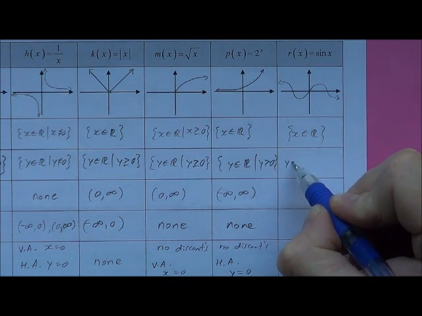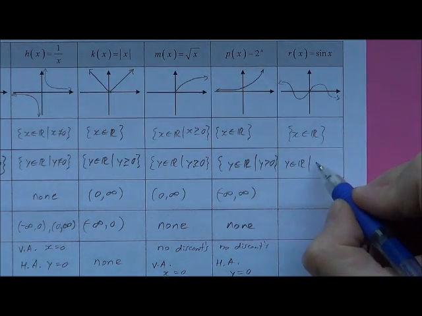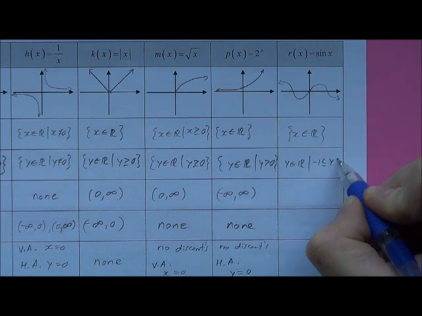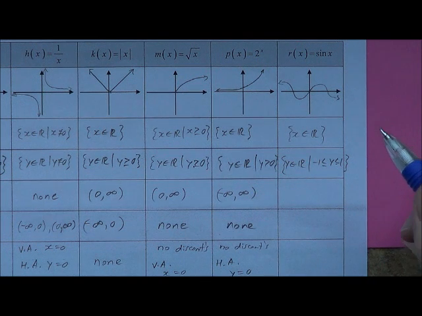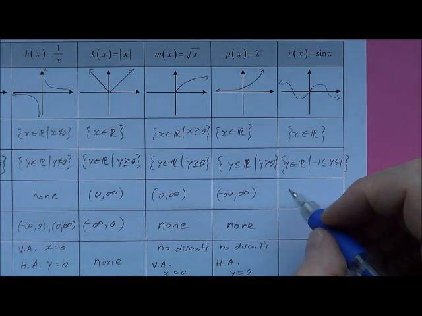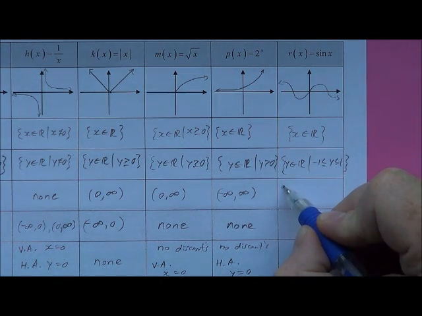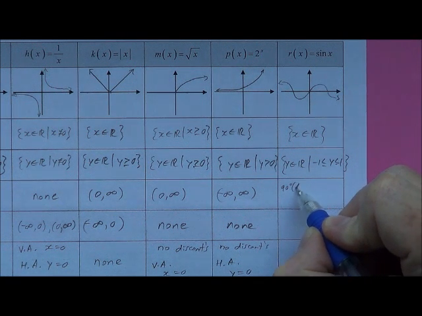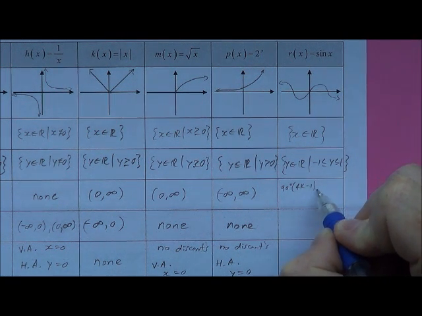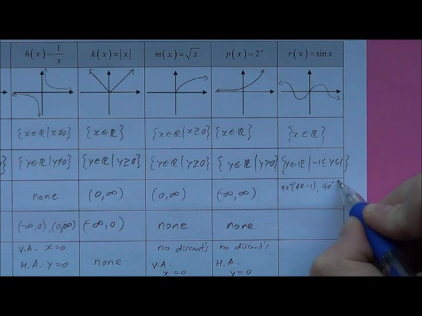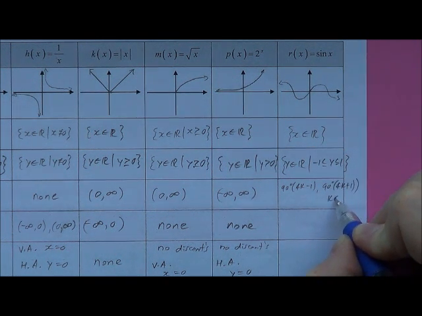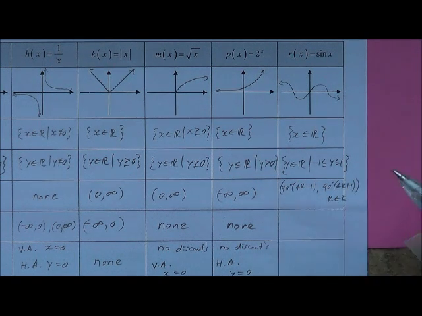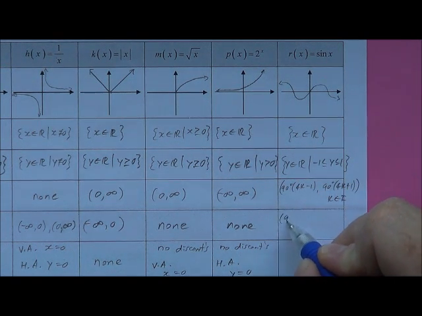The range, y is an element of all real numbers such that negative 1 is less than or equal to y, less than or equal to 1. Intervals of increase, we'd say 90 degrees times 4k minus 1 to 90 degrees times 4k plus 1, where k is an element of the integers.